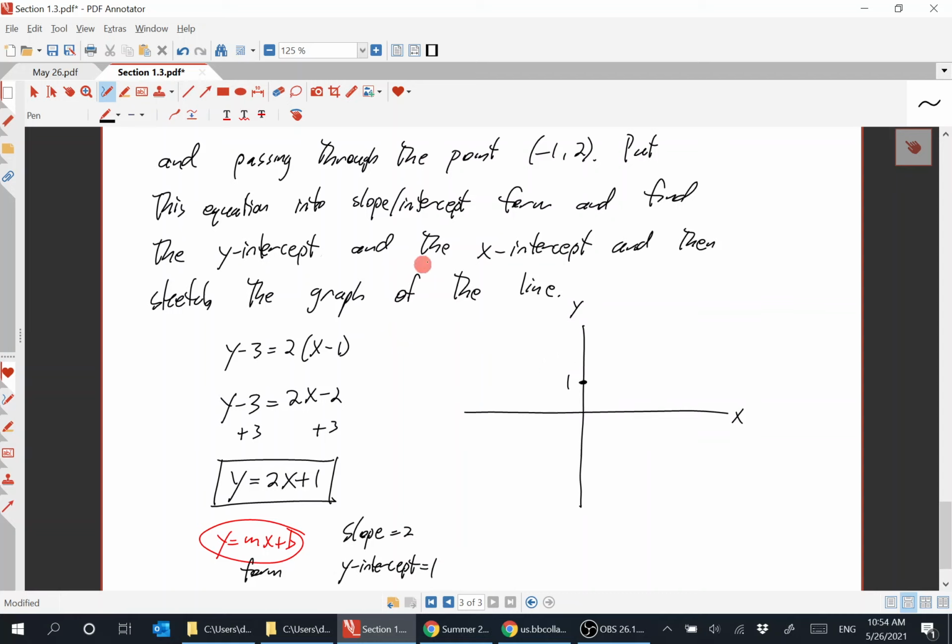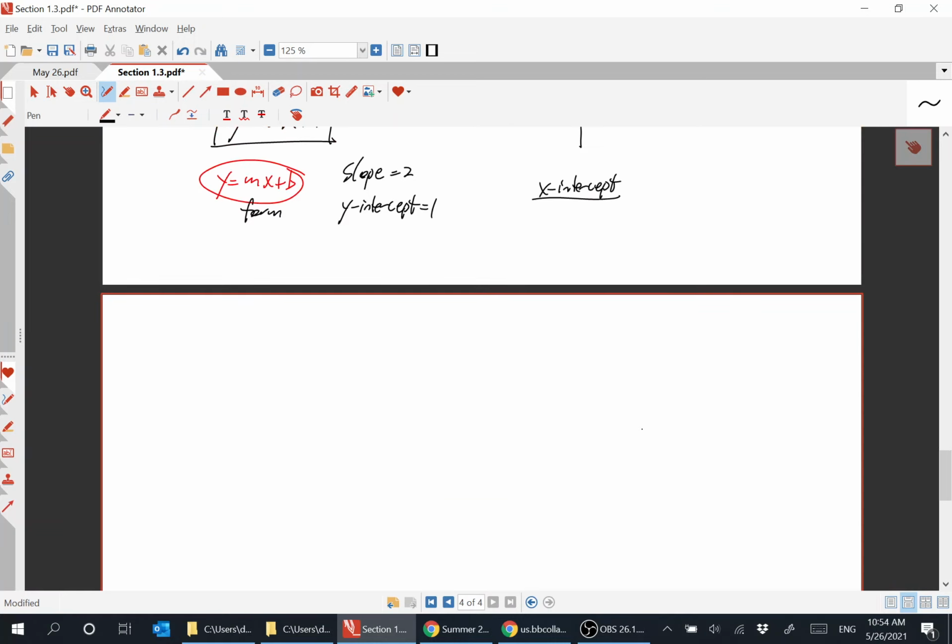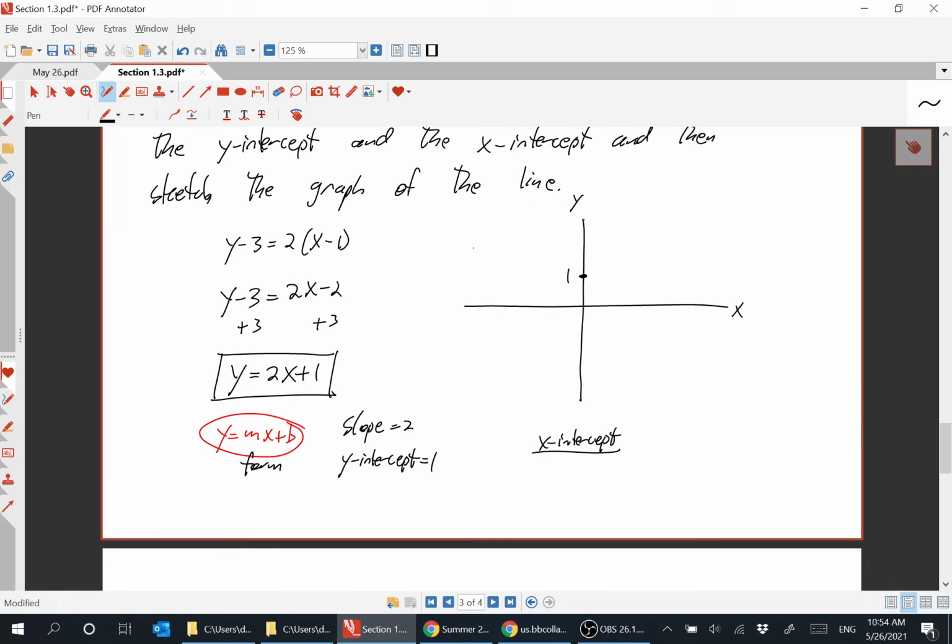But I want to know another point on the line. I want to know the x-intercept. Where does the x-intercept happen? The x-intercept is found when y is equal to 0. So plug in y equal to 0, solve for x.